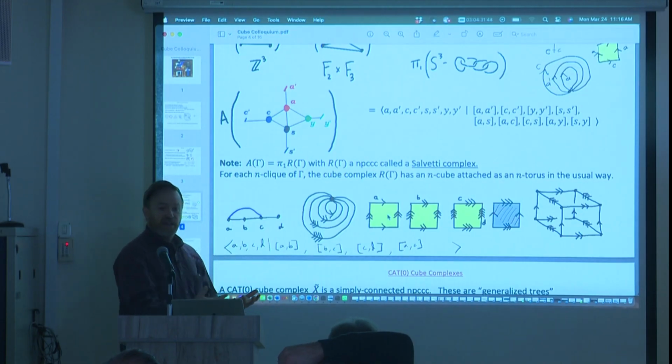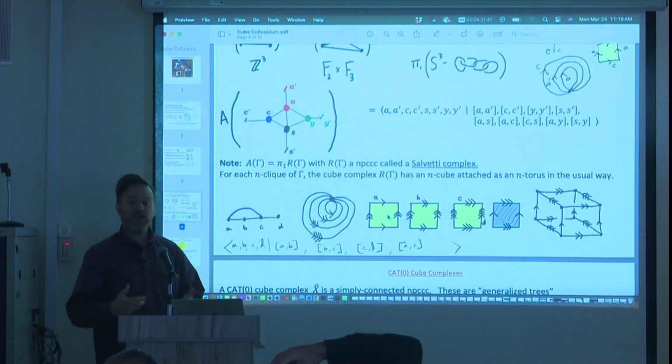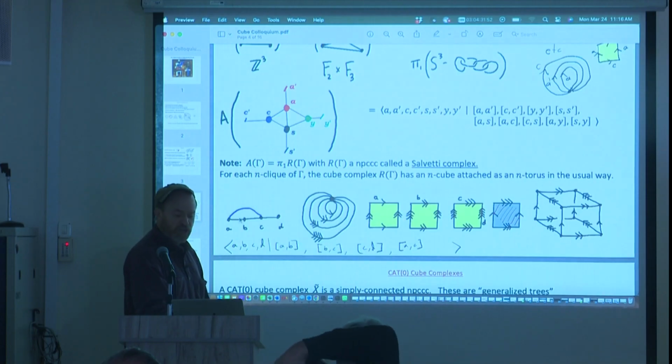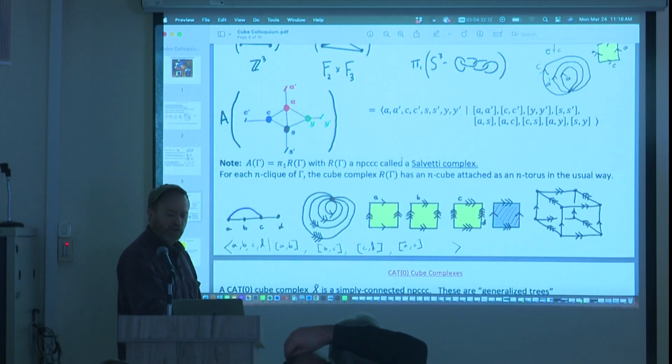You do this for any collection of pairwise commuting generators, for any collection of pairwise adjacent vertices that you see in your graph. You'll add an n torus in the form of an n cube. And when you do that, it's not very difficult to see that the non-positive curvature condition that I told you about before is satisfied. So every right-angled Artin group is the fundamental group of a non-positively curved cube complex, one with a very sweet description.